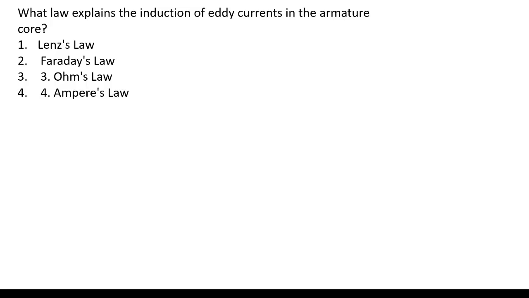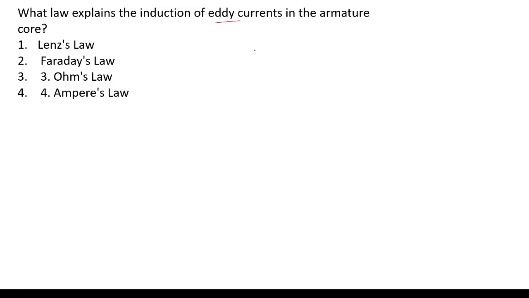What law explains the induction of eddy currents in the armature? We know very well eddy currents are nothing but circulating currents. How will the circulating currents be formed? That is due to the changing magnetic field. Whenever there is a change in the magnetic field, automatically an EMF will be induced. Due to that EMF, a current will flow, and that is nothing but eddy currents.